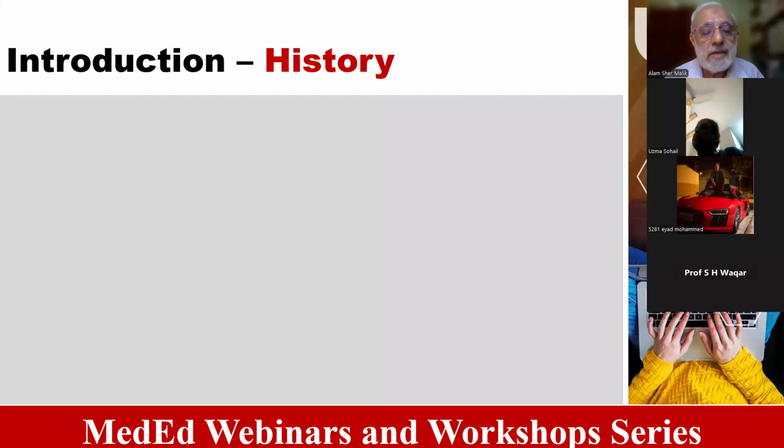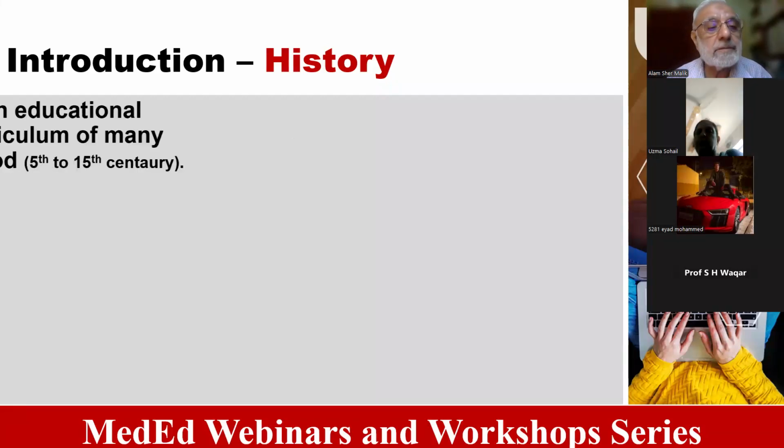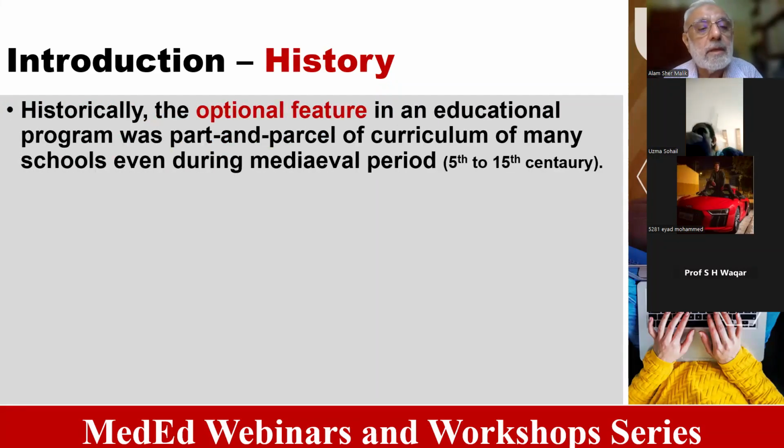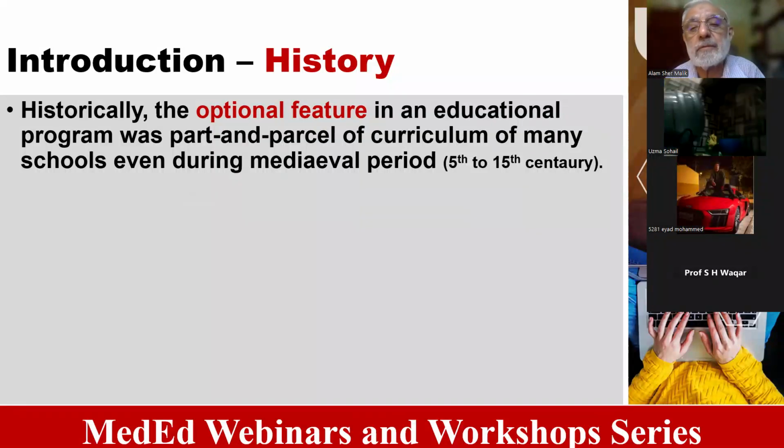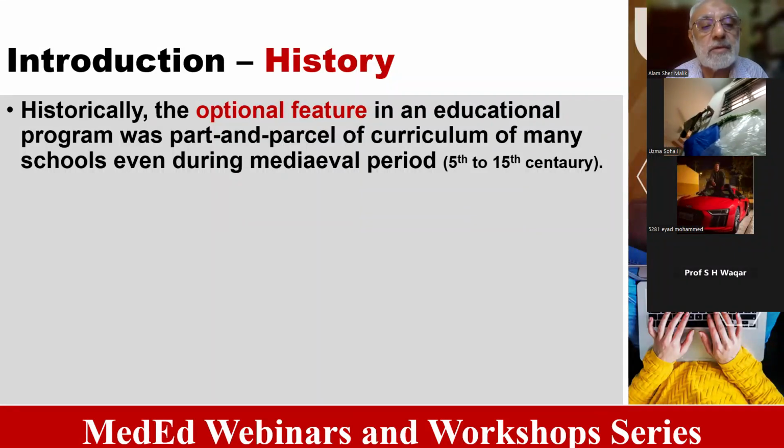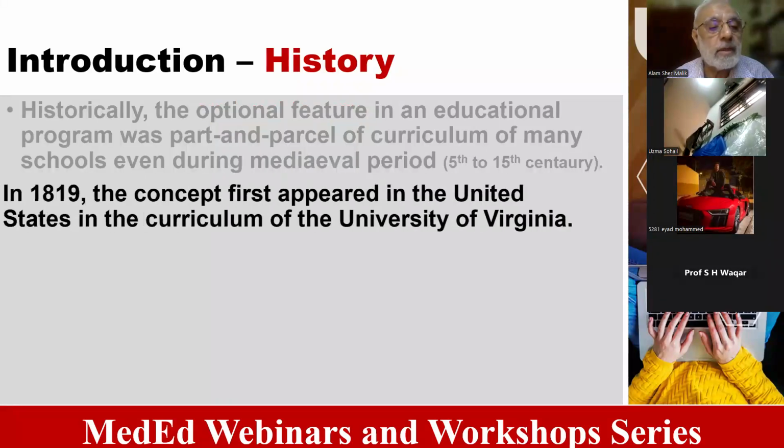A little bit of history of electives. Historically, the optional feature, obviously a salient feature of an elective in an educational program, was part and parcel of the curriculum of many schools even during the medieval period, in the 5th to 15th century. So this is not something new, in fact quite old.